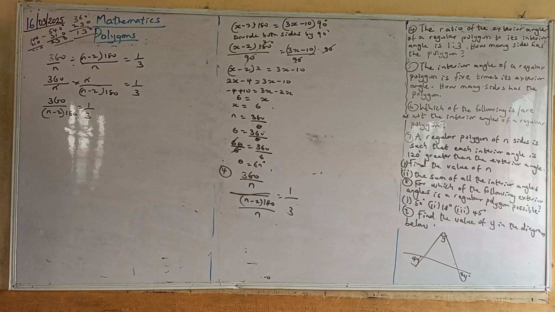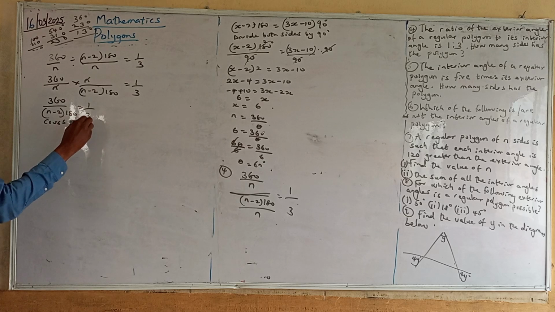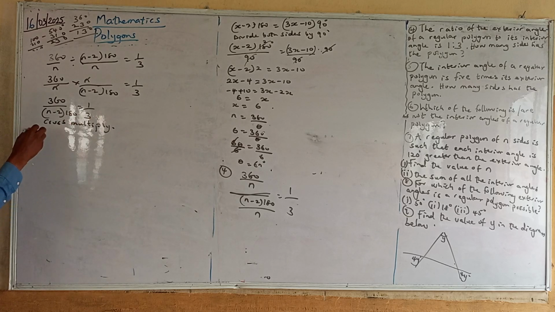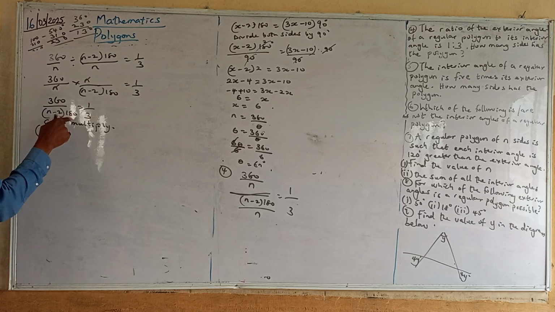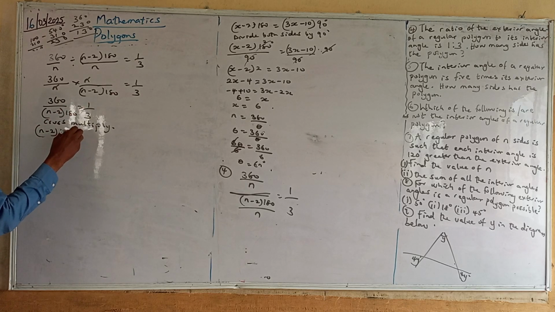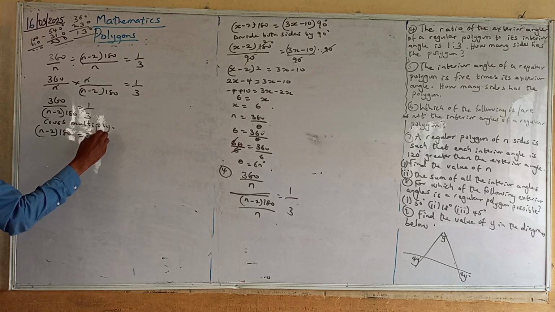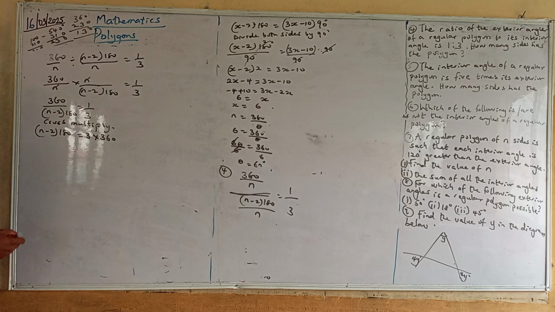So I will cross multiply. I have (n minus 2) times 180 multiplied by 1, which will not alter the value, equals 3 times 360. The coefficient of n minus 2 here is 180, so I will divide both sides by 180.